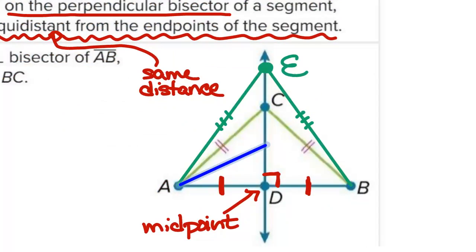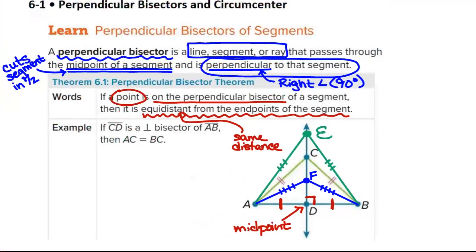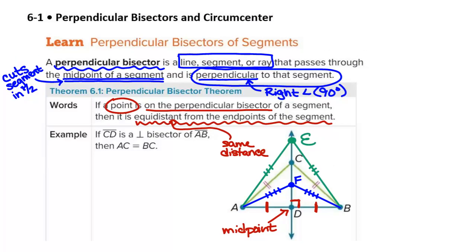And that's true even if we get closer to the segment. So if I put a point F down here, this point F would be the same distance away from A that it is from B. If there is a point on the perpendicular bisector, then it is equidistant from the two endpoints of the segment that the perpendicular bisector is bisecting.